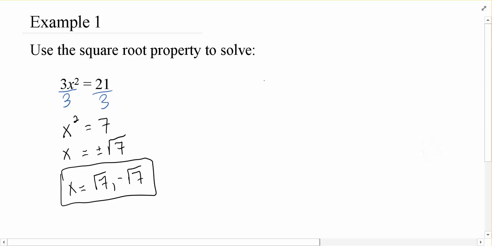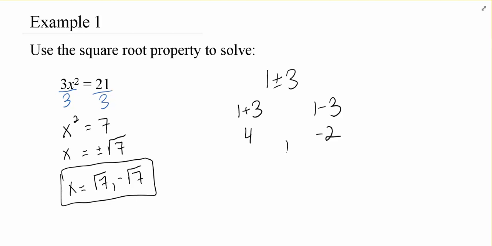If we had an answer like 1 plus or minus 3, we wouldn't want to leave it like that, because it means 1 plus 3 and 1 minus 3, each of which we know the answer to, 4 and negative 2. So plus minus is perfectly fine as long as we don't know how to simplify both the plus and the minus. All right, let's take one more step up in difficulty.